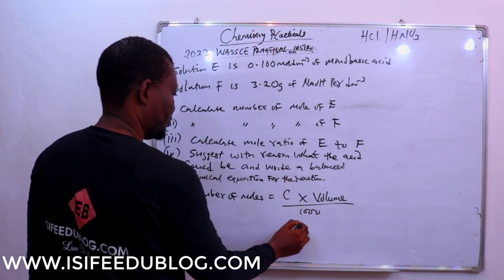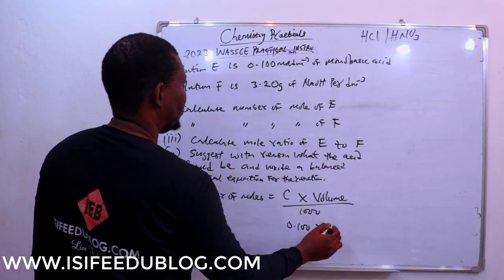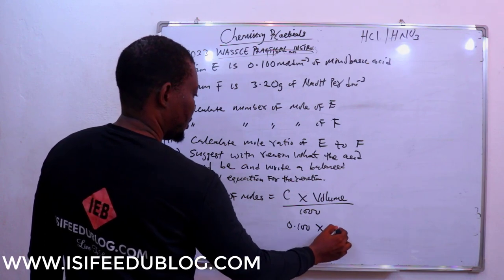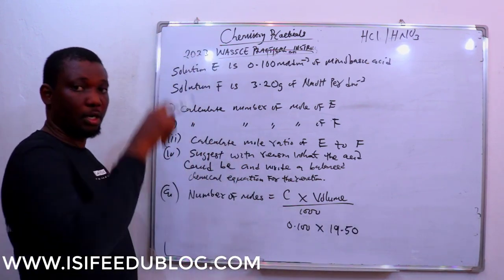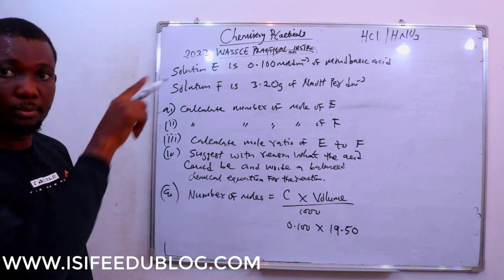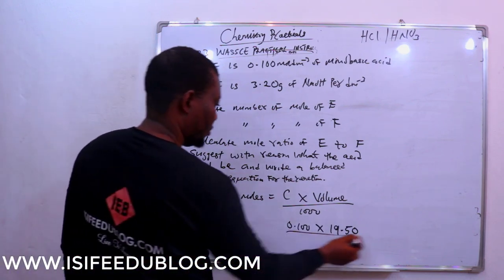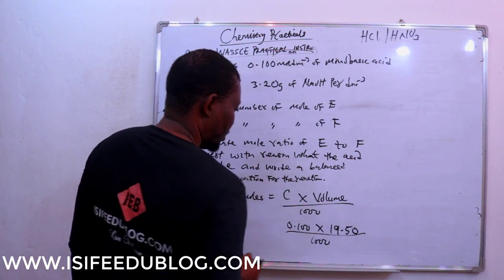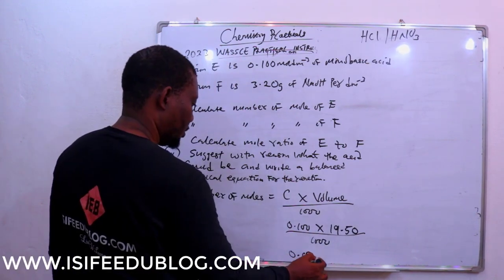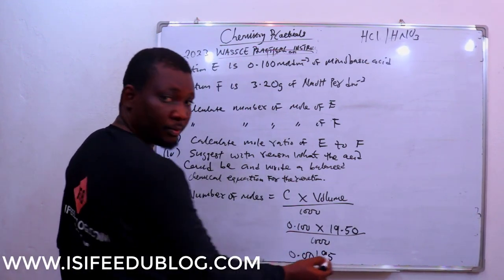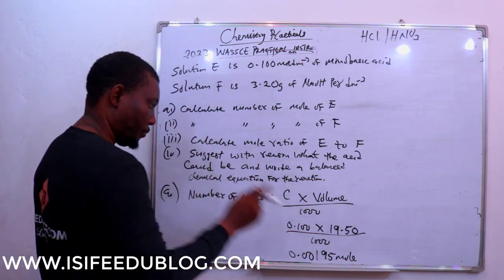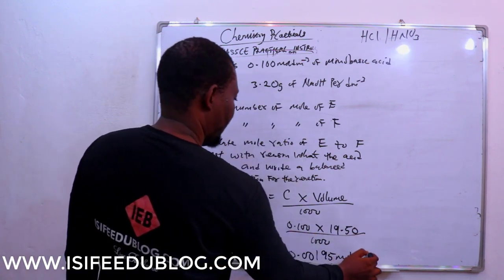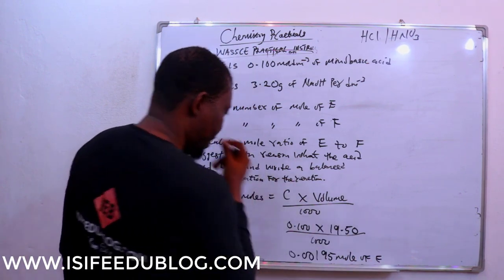This is 0.100 times volume, let me use 19.50, that is my data value, over 1000. Okay, 0.00195. That's it. The unit is mole. This is for E.